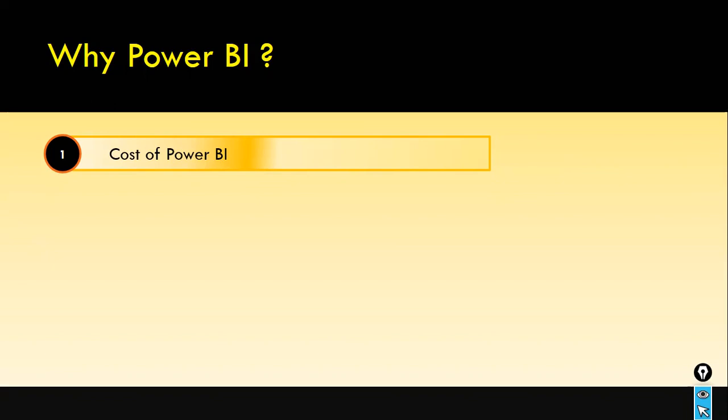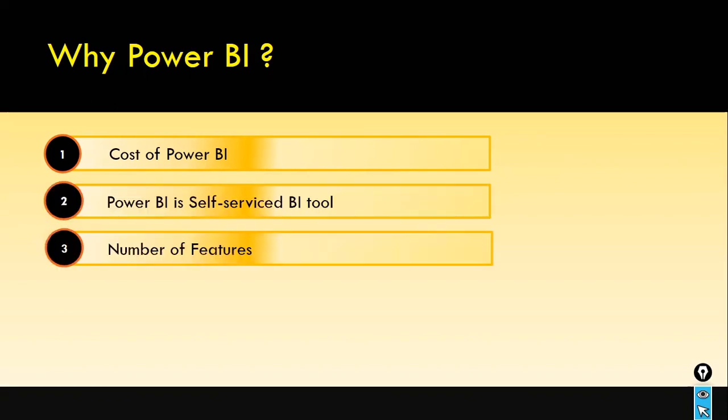And the second most reason why the customers are running after Power BI is the number of features. The number of features offered by Power BI is very high. In the case of Power BI, you can use 1,000+ M as well as DAX functions.